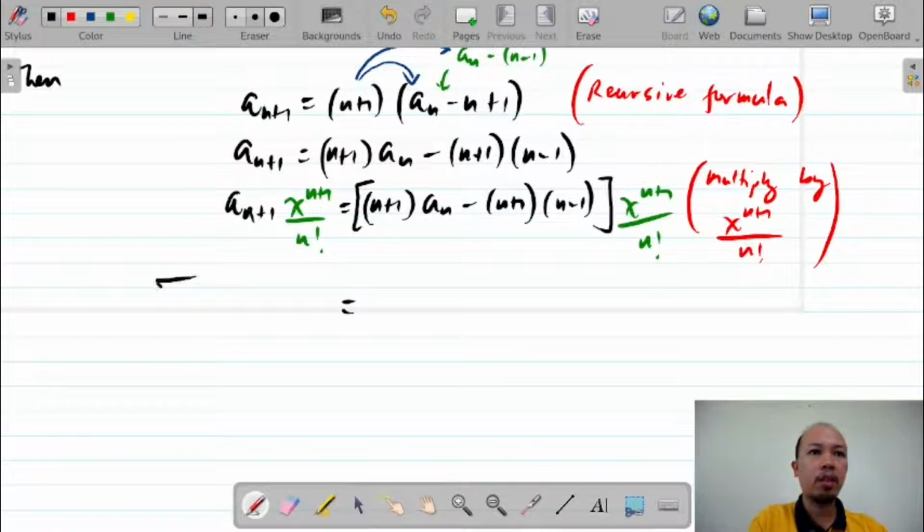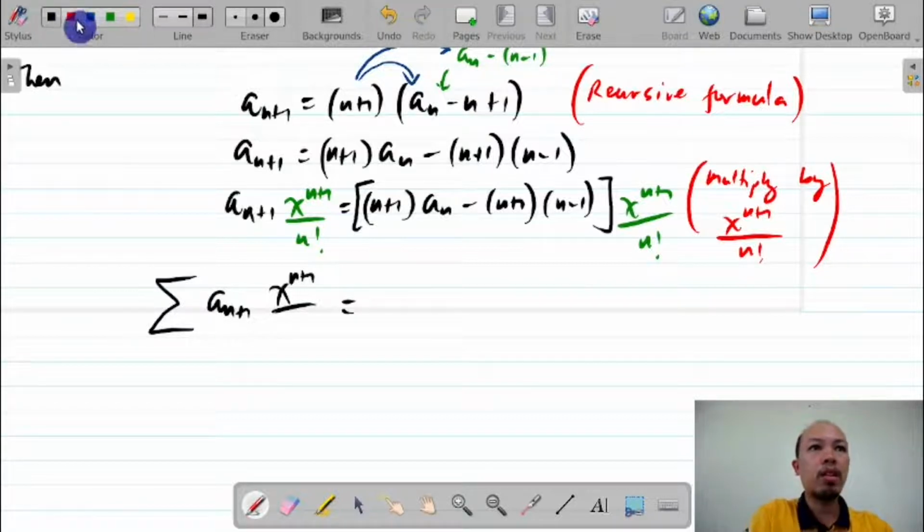So this will become summation of a sub n plus 1 x to the n plus 1 over, sorry, this should be, since we are multiplying both sides by x to the n plus 1, the denominator must be n plus 1 also.